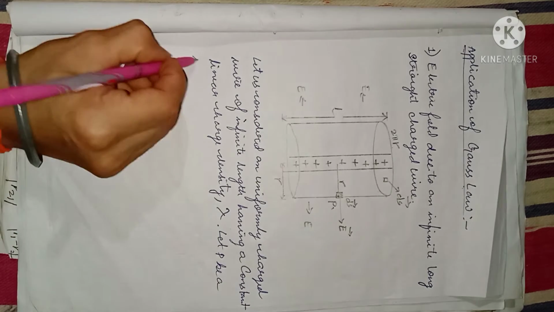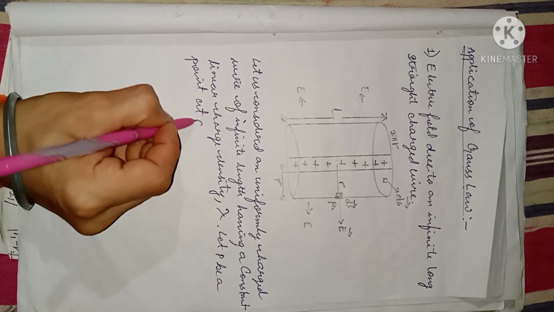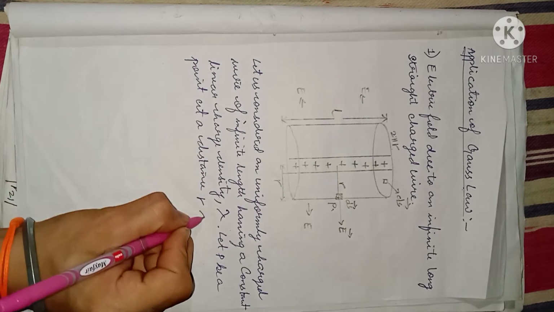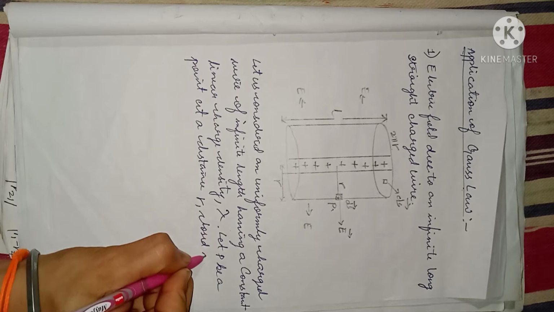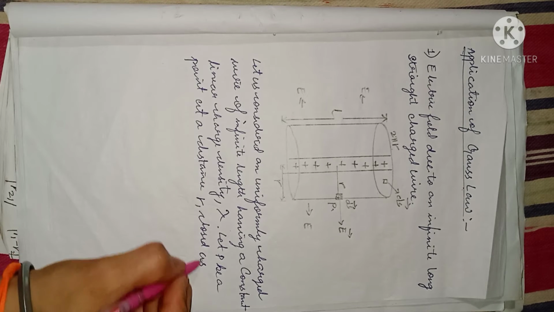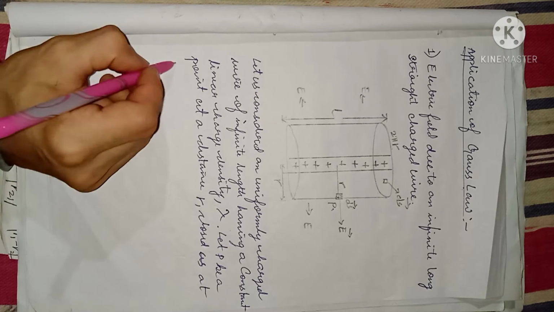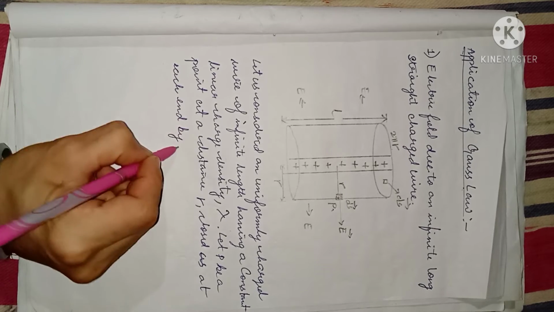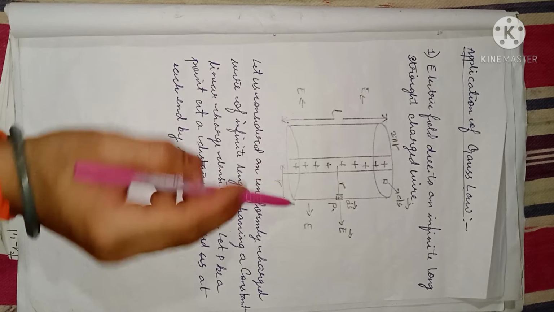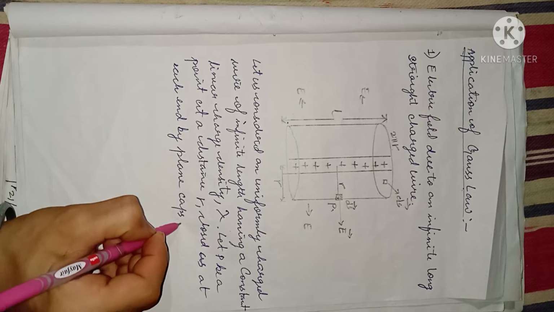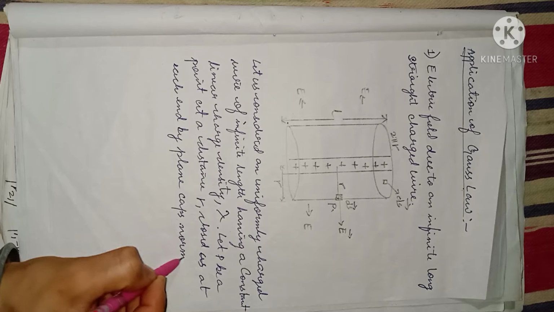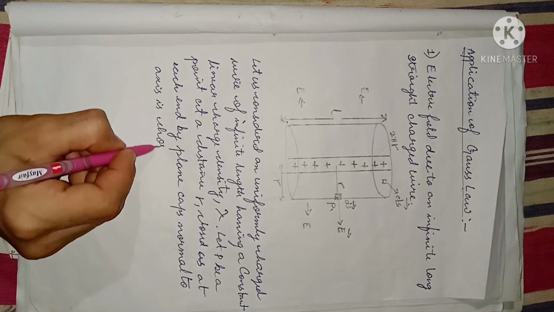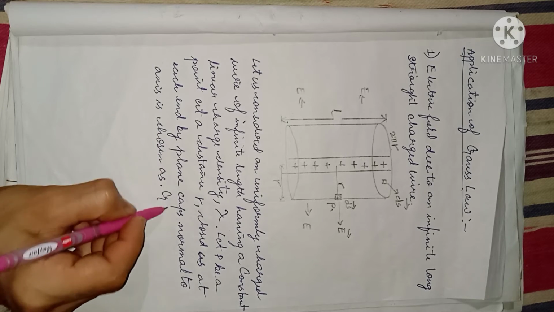Let P be a point at a distance r. The wire is closed at each end by plane caps, normal to the axis, and this is chosen as the Gaussian surface.